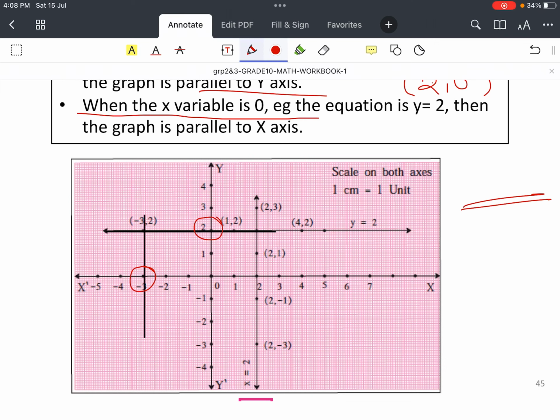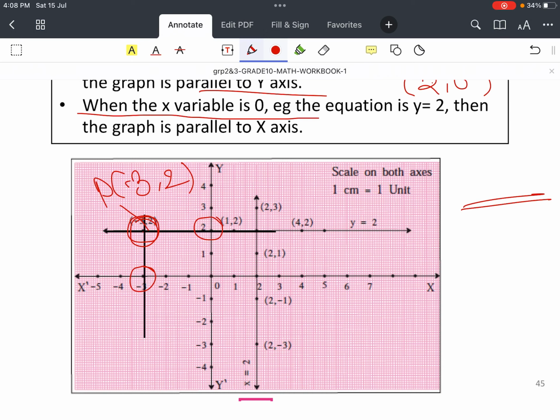So what did we do? First we drew a vertical line from minus 3, then a horizontal line from y, and we observe the intersecting point. Okay, so this is the intersecting point, and this point is nothing but, suppose P is equal to minus 3, comma 2. Likewise we have to plot a graph.